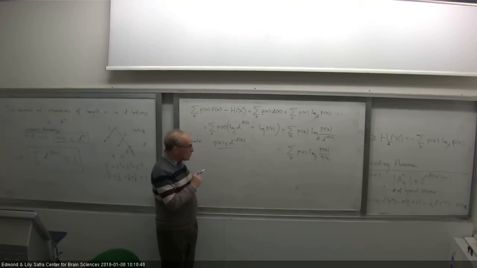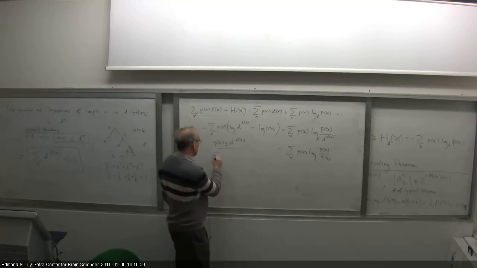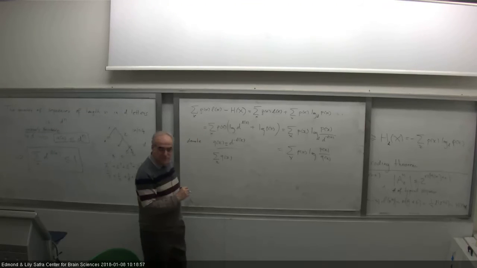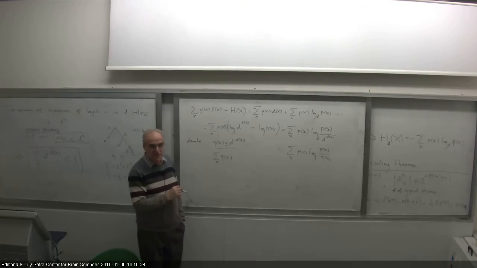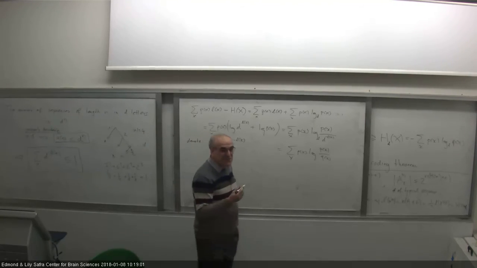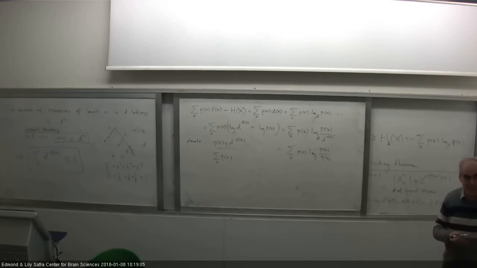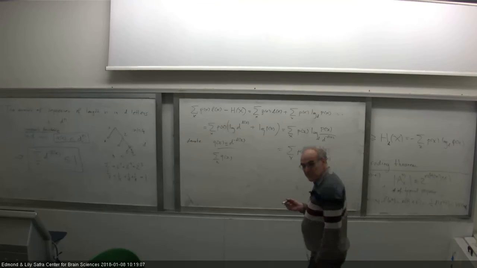But what I know is that the sum of the qx is what? What I just proved. I know that the sum of the qx is essentially the sum of d to the minus lx, so this is bounded by 1.